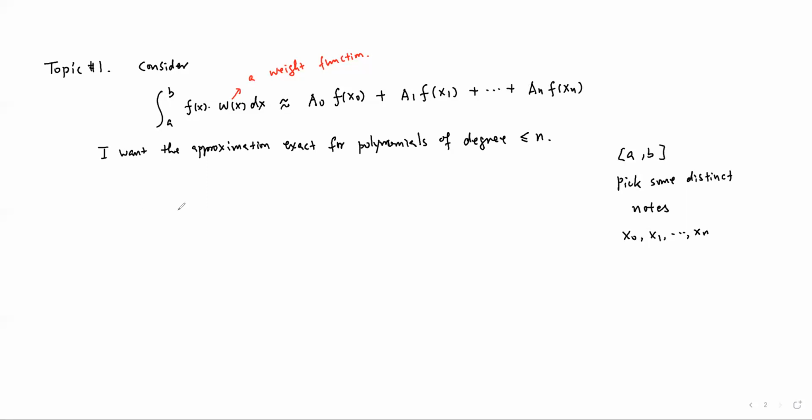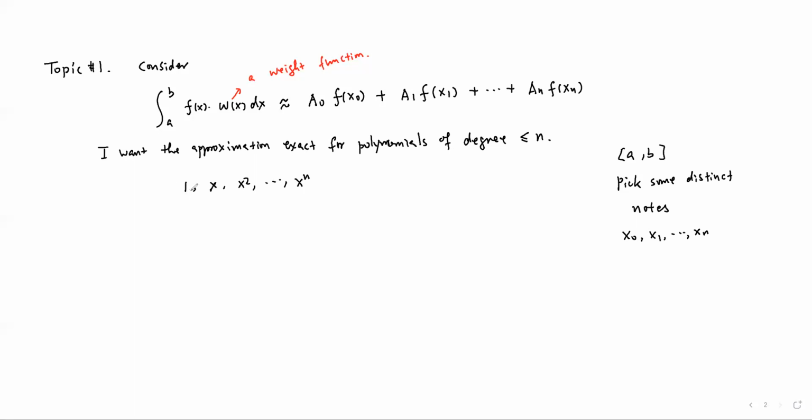Now, because a polynomial is a linear combination of these n plus 1 special polynomials, this is a basis. Any polynomial of degree not greater than n is a linear combination of these n plus 1 polynomials.